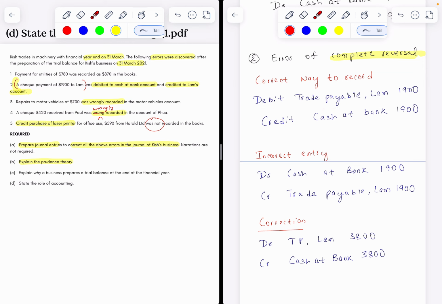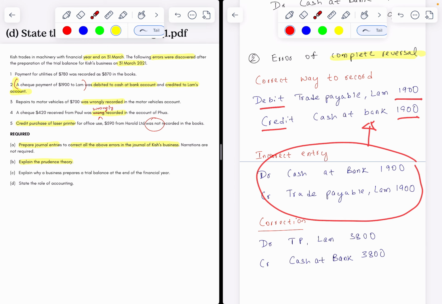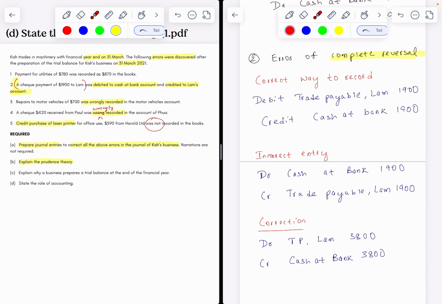So keeping that in mind, we want to change this incorrect entry in such a way that gives us eventually a net balance of credit 1900 in the cash at bank account and a net balance of debit 1900 in the account of LAM. So how can we achieve this?